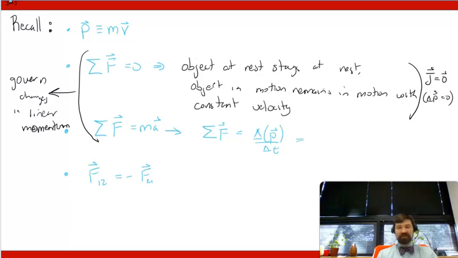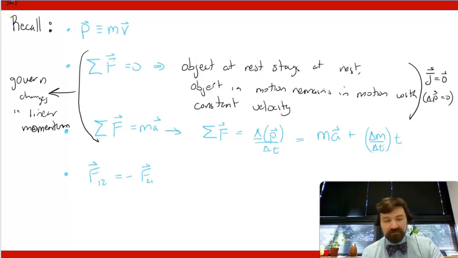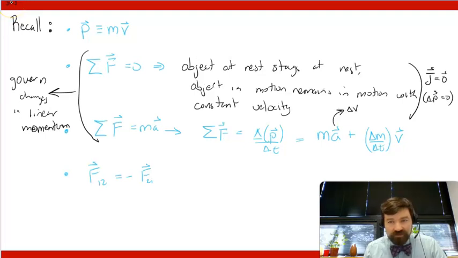What that's actually equal to is m times a, where a is delta v over delta t, plus the rate of change of the object's mass times the velocity.